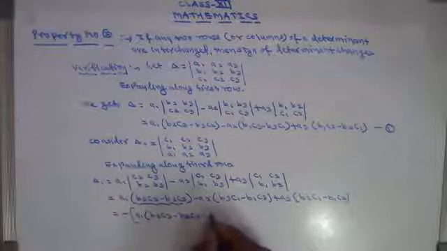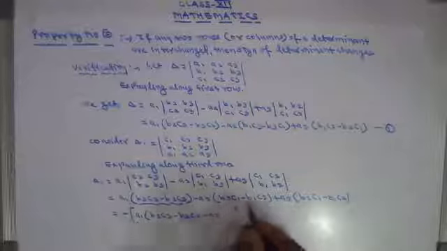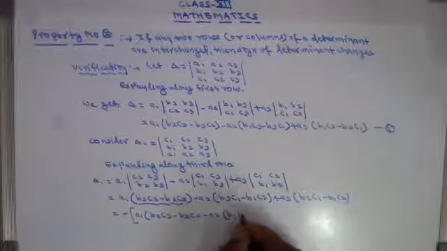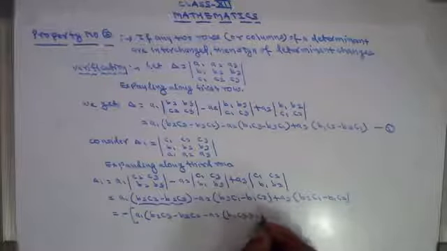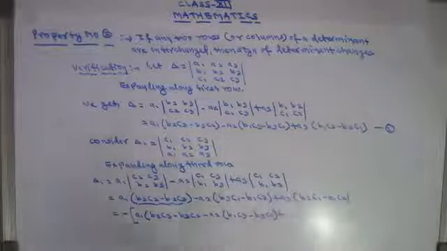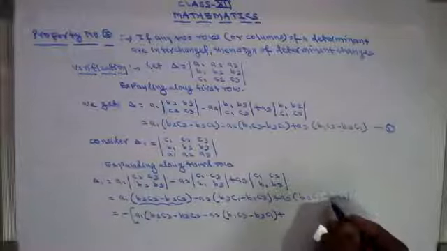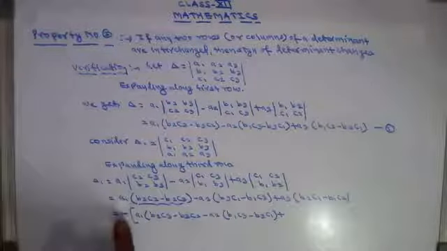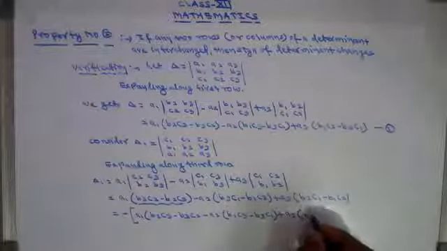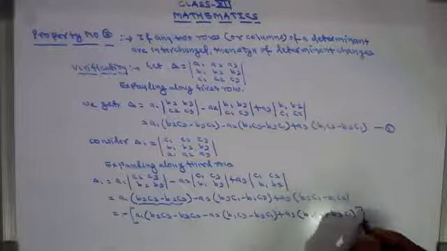Then minus A2 into, just write this second term as the first term, taking minus as common, so this will be B1 C3 minus B3 C1. Plus, I have already taken this minus as common here, so it will be A3 into B1 C2 minus B2 C1.